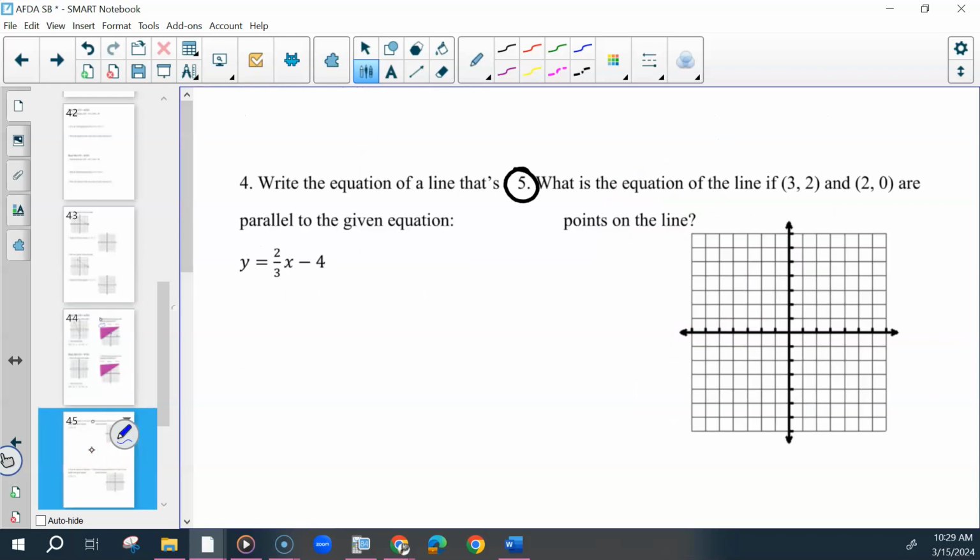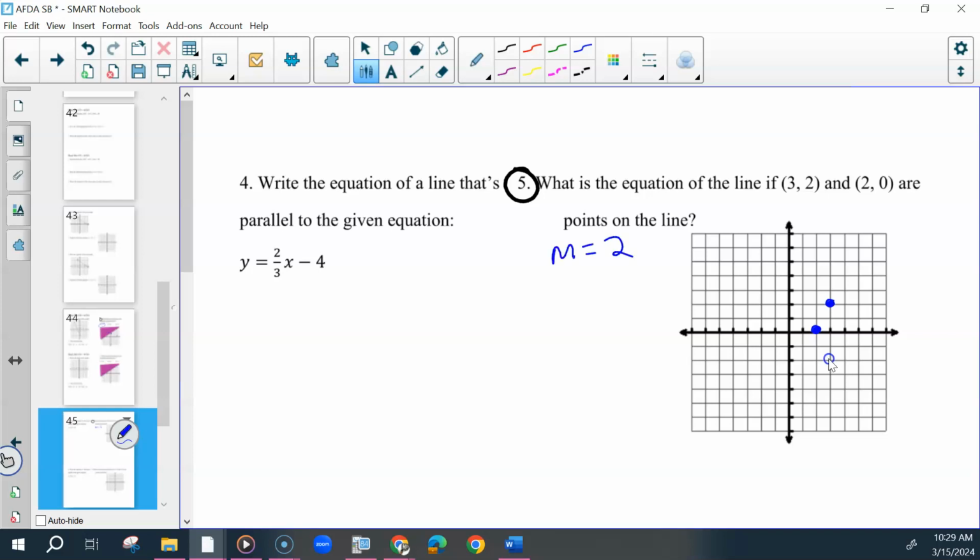Number 5, what is the equation of the line if 3, 2, and 2, 0 are points on the line? We have this graph. So if I were to plot these 2 points, 3, 2, and 2, 0, I could find the slope of these 2 points. This would go up 2 to the right 1.